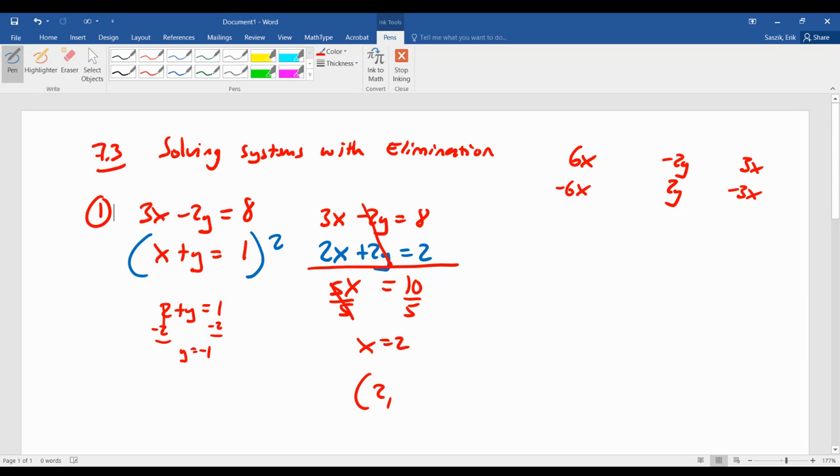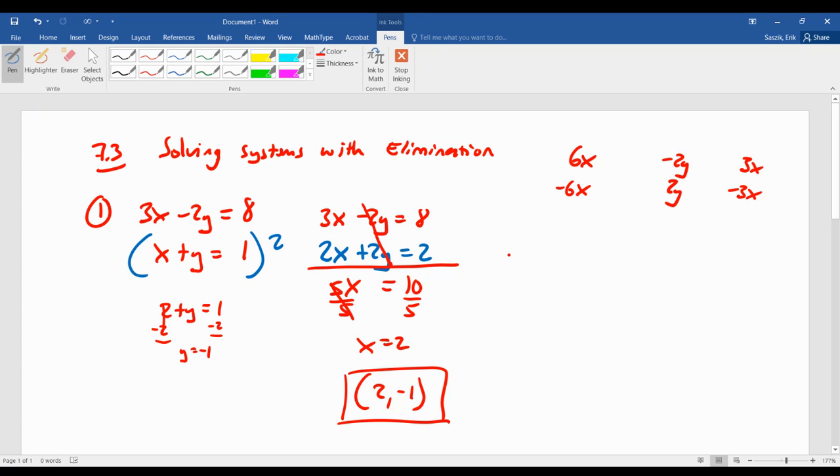So my answer is 2 comma negative 1. That is the point where these two lines would intersect if you had graphed it, but you could find this out without graphing at all. That's how you do it. It doesn't matter which equation you plug this first answer into.